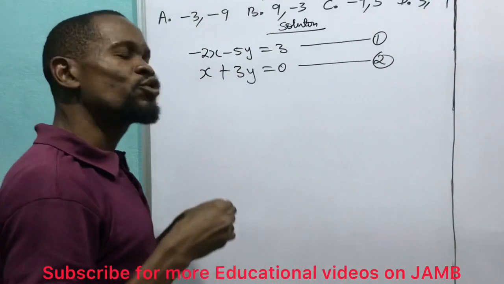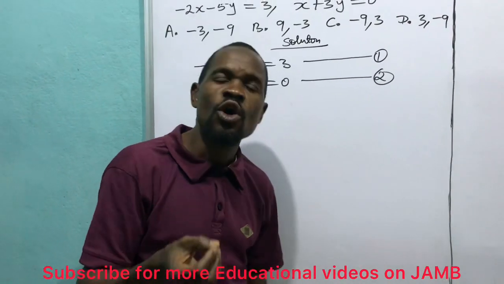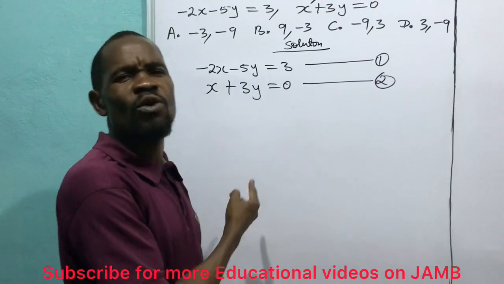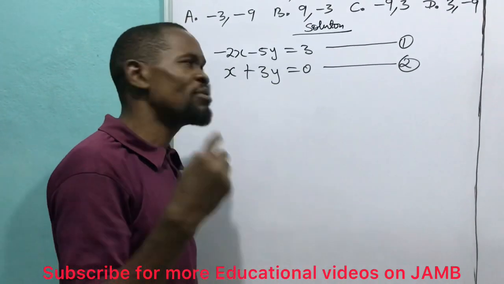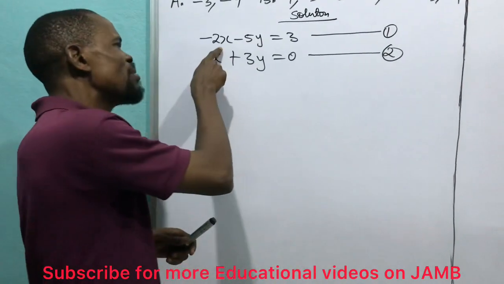Then we have two ways of solving simultaneous equations, either by elimination or by substitution. The option I want to use here is elimination. I want to eliminate x.